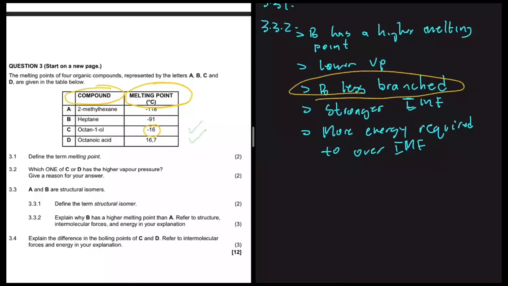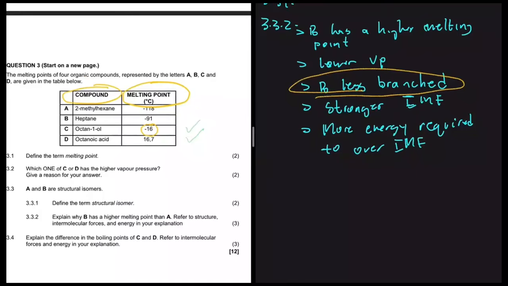Now let's do 3.4. 3.4 says let's explain the difference in the boiling points of C and D, referring to the intermolecular forces and the energy in our explanations, right? Let's go back to the basics real quick here. So we know that compound C is an alcohol, and then compound D is an acid, right?